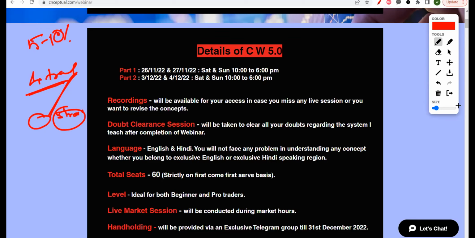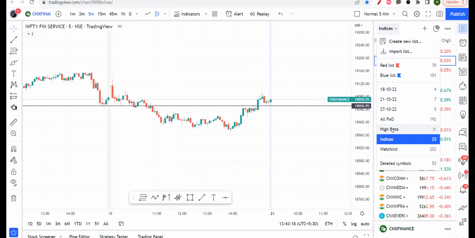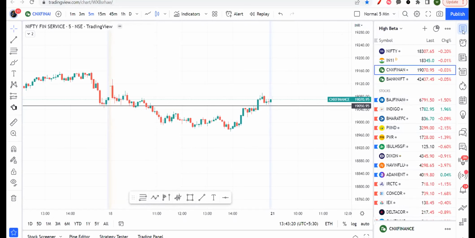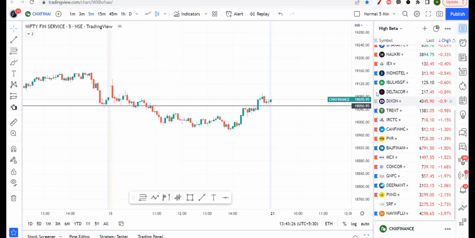I have a separate watch list for them. High beta stocks are those in which if Nifty moves 1%, these stocks will move 4%, 5%, 6%. I'll share this watch list with you all in the channel. That's why it's very important that you go through both indices as well as stock options.